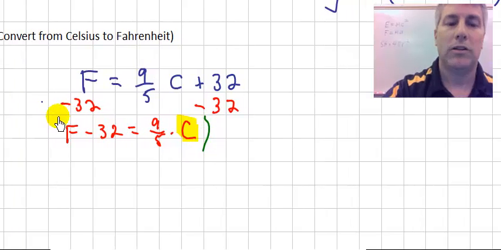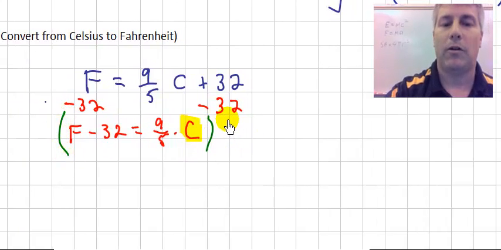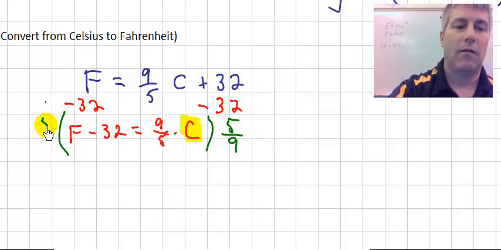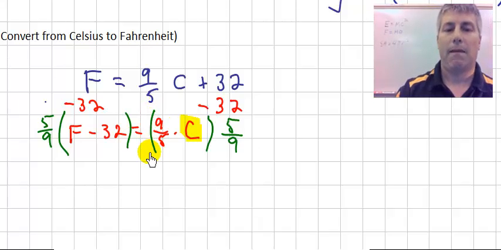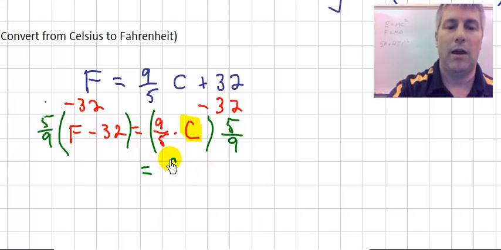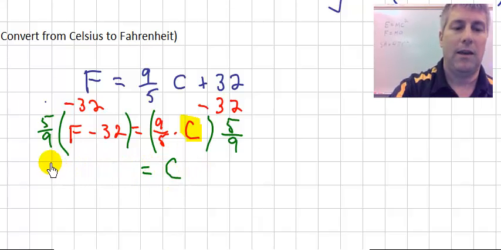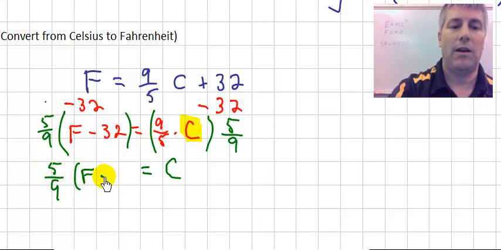So if we multiply both sides by the reciprocal of 9/5, or multiply by 5/9, if I multiply the right and left side by 5/9, that might be a better way to show that. 5/9 times 9/5 is 1, so we get 1C equals 5/9 times the quantity F minus 32.